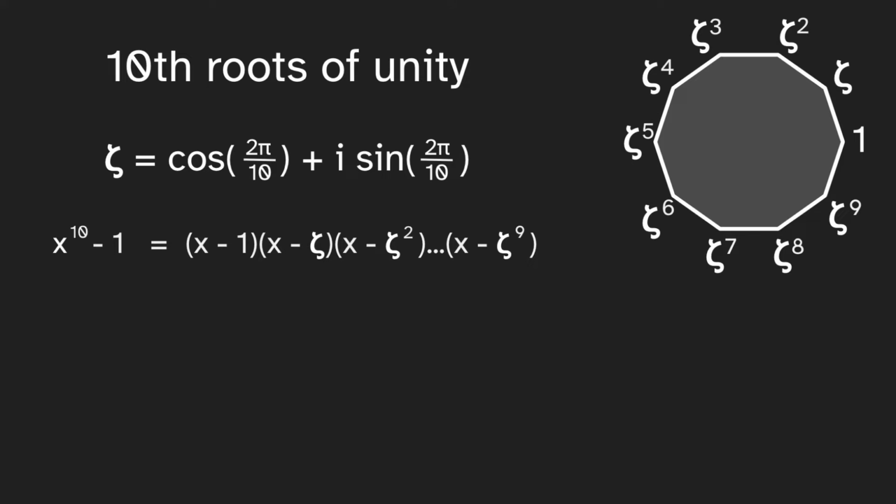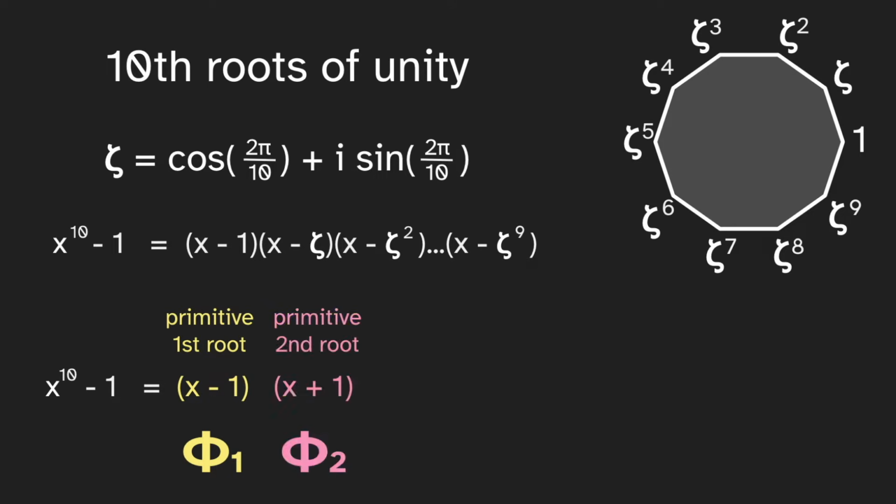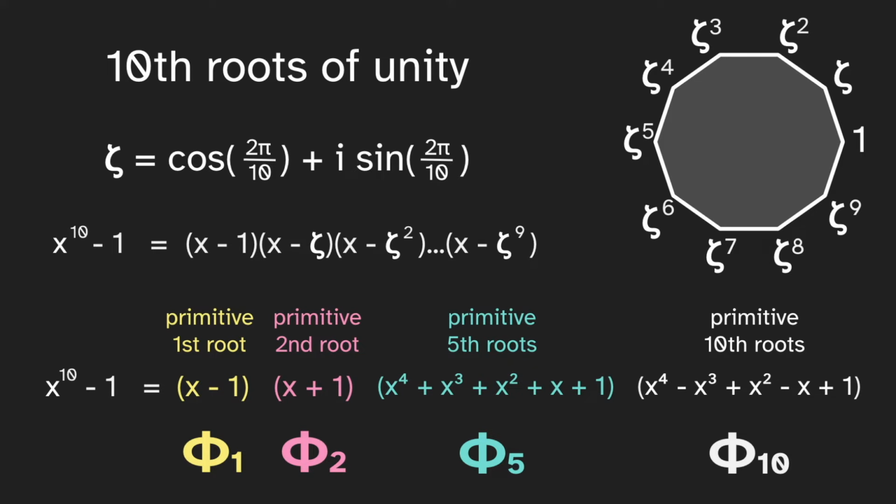But if we want a factorization that remains in the rationals, we need to combine primitive roots of the same order. So the primitive first root gives us phi sub 1, the primitive second root gives us phi sub 2, the primitive fifth roots give us phi sub 5, and finally phi sub 10.